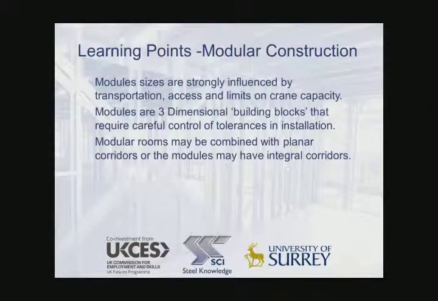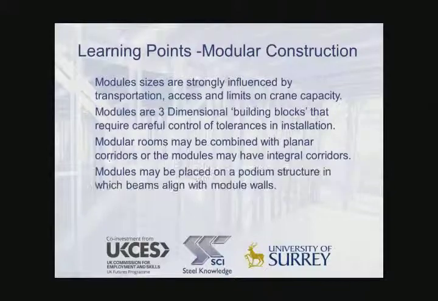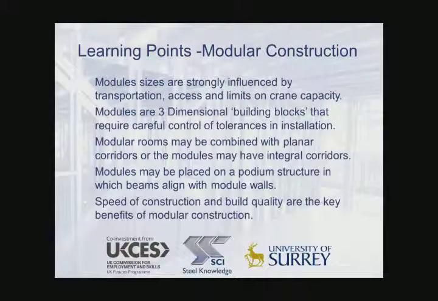Modular rooms may be combined with other components such as corridors, or they may even have integral corridors. Modules may be placed on a podium structure in which beams align with the module walls to support them. Speed of construction and quality of construction are key benefits of modular systems.